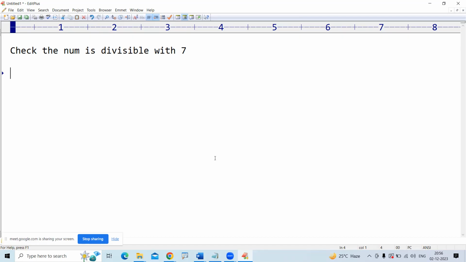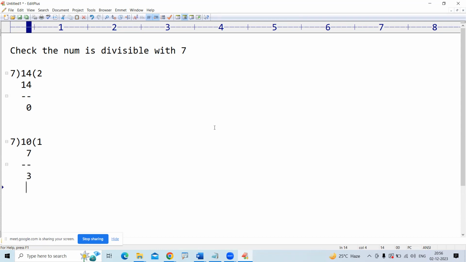Suppose I'm dividing 14 by 7. 2 times 7 is 14, and the remainder is 0. Suppose 10: 1 time 7 is 7, and the remainder is 3.